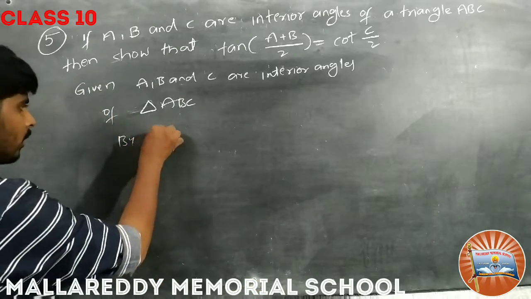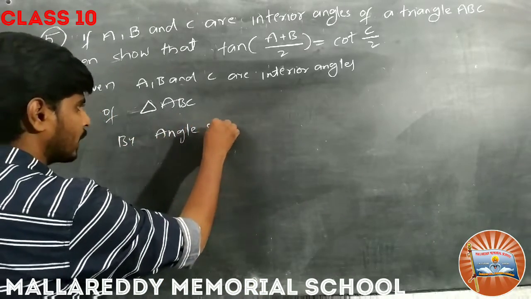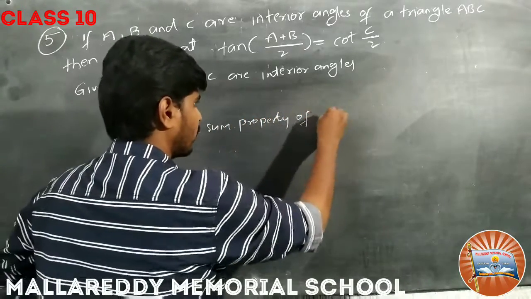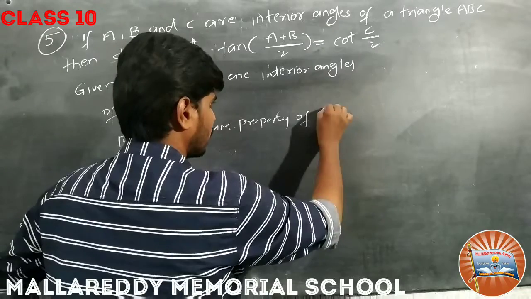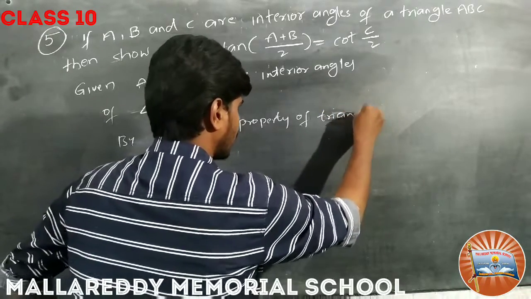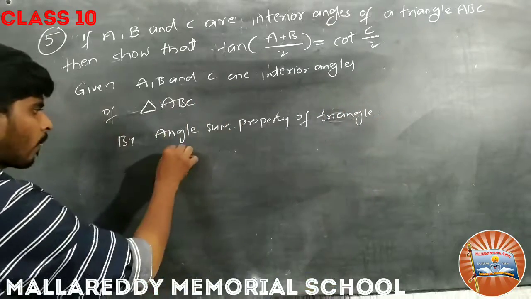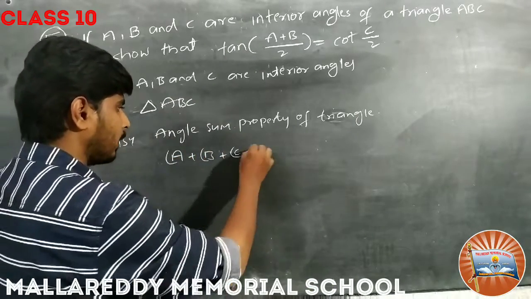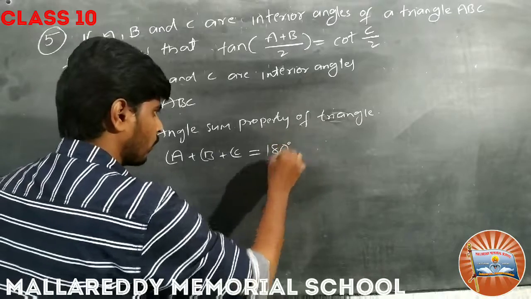By the angle sum property of a triangle. What is that property, ma? Sum of three angles, that means angle A plus angle B plus angle C equals 180 degrees.